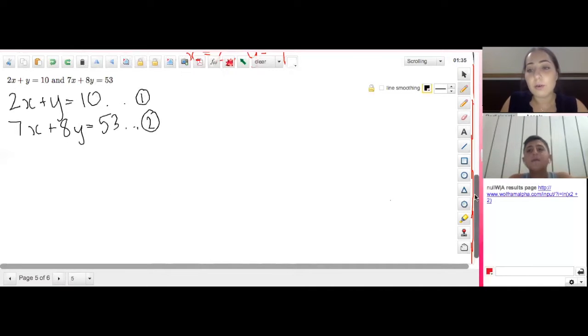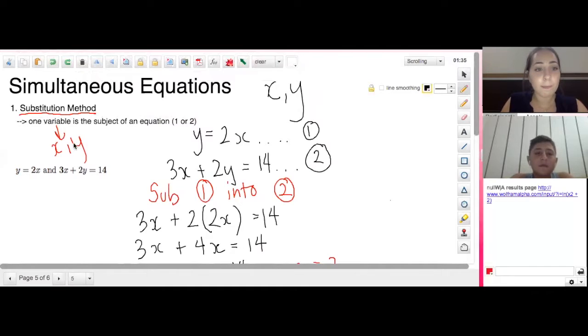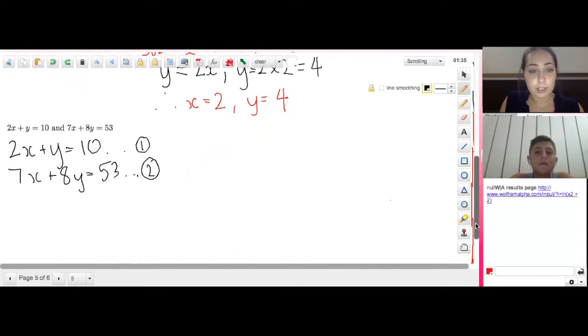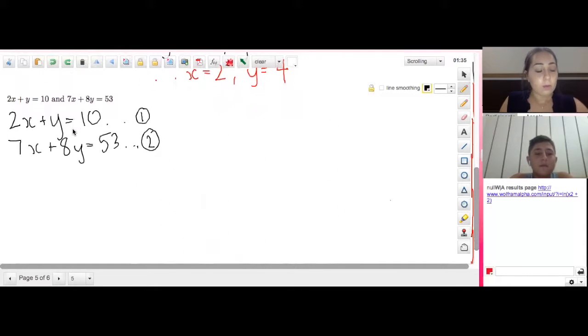So if you recall, the substitution method requires us to ensure that one of the variables, either x or y, is the subject of one of the equations. If you look back to our equations, we see that equation 1 is the easiest equation to manipulate to form y as the subject. We could have done the same with equation 2, but that would require more steps.